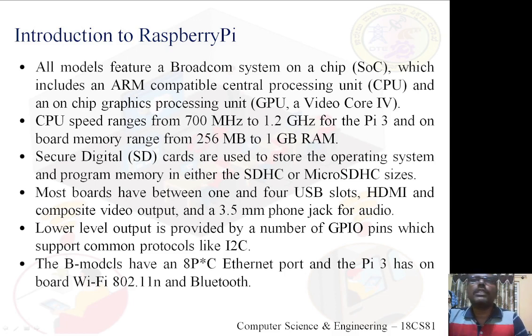There's one HDMI interface and one composite video output interface and one 3.5 mm phone jack for audio. Got it? So I repeat, most Raspberry Pi boards have up to 4 USB slots, one HDMI and one composite video output interface, and one 3.5 mm phone jack for audio.